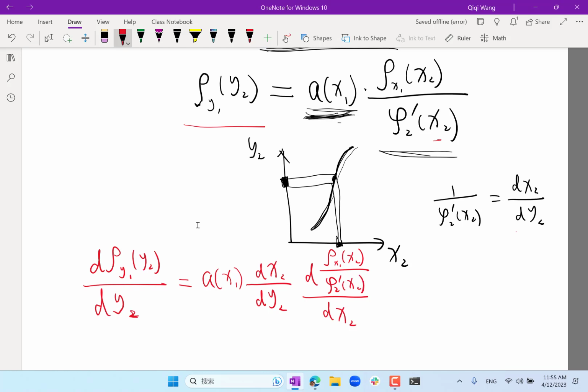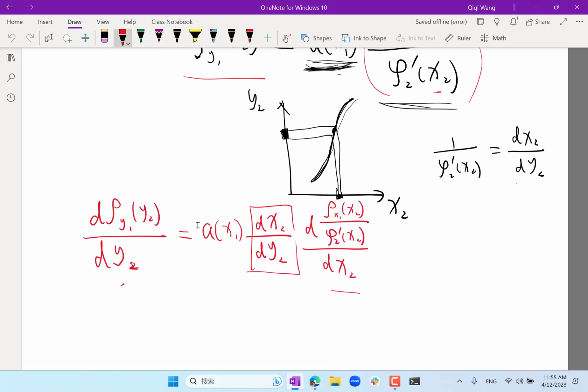Do you see what we have here? So basically, we took the derivative of the left-hand side with respect to y2, and through this ratio, we change the dy2 to dx2, and we take the derivative of this, right?